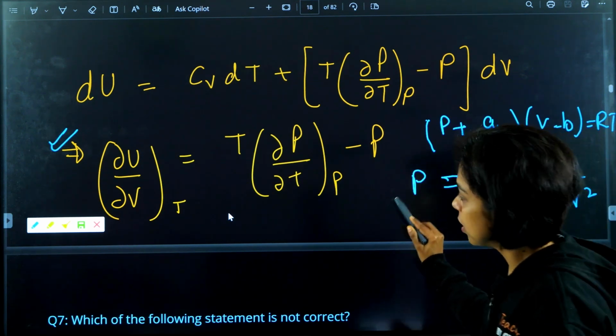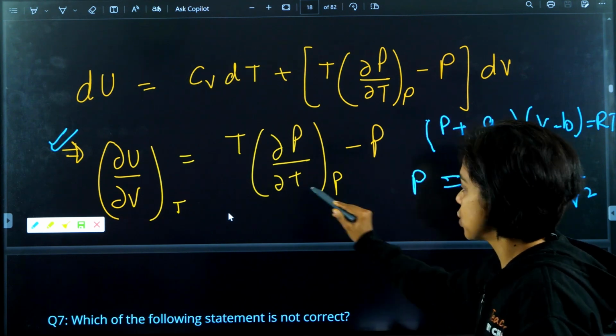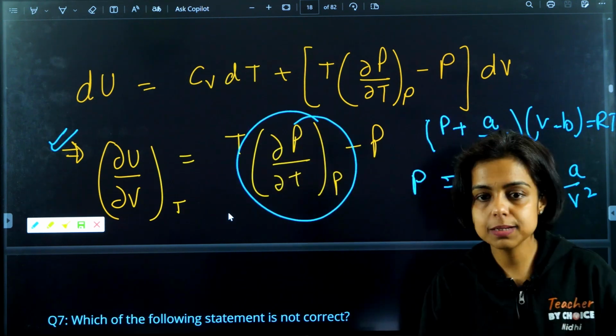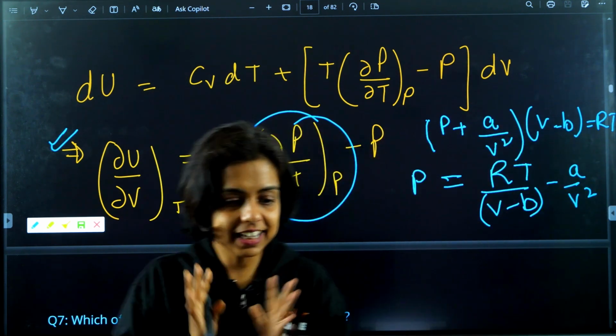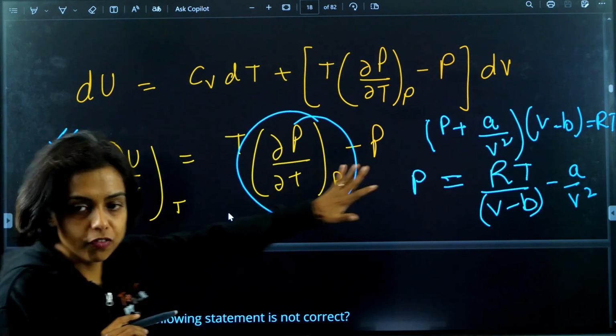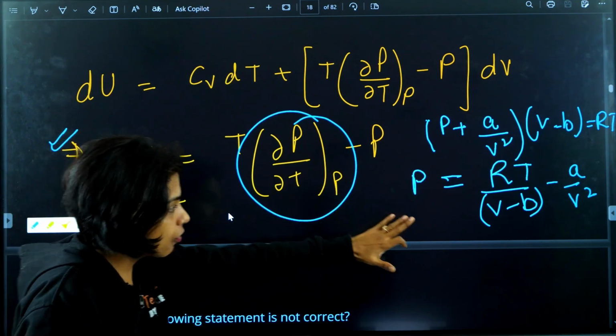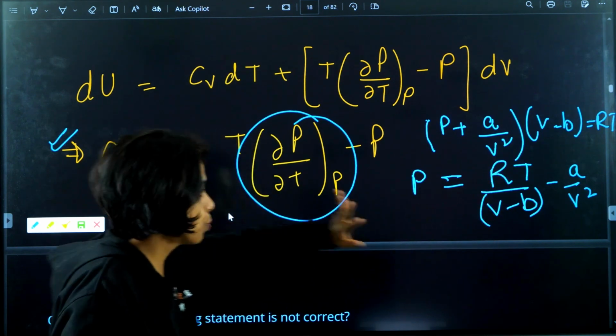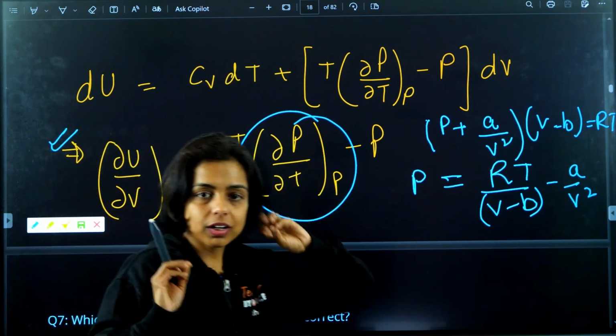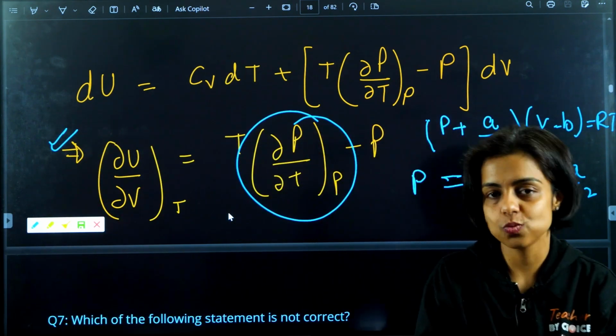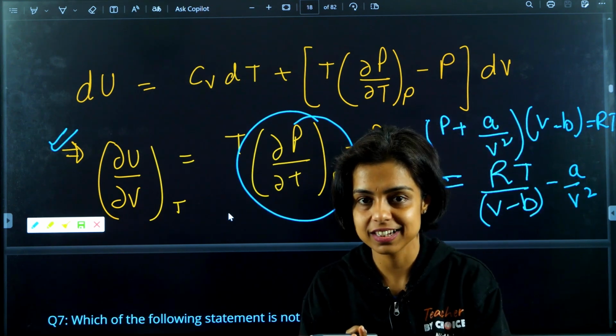Now I can differentiate this P with respect to T, because I need the term dP by dT. So I just do partial differentiation with respect to T. After differentiating, I'll put the result here and see whether it matches with what is given in the question.